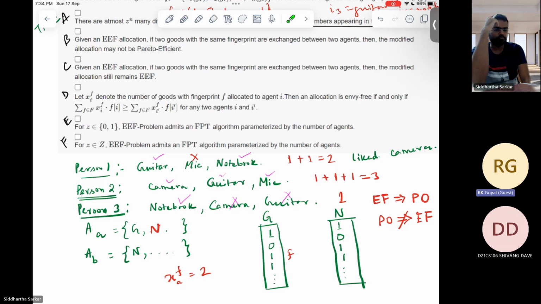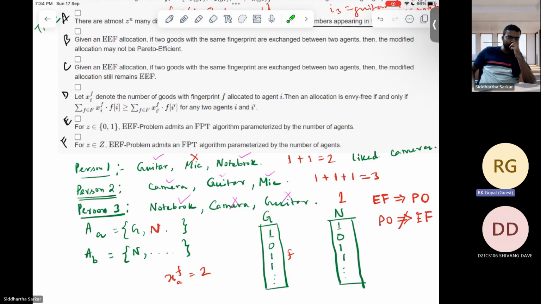And this F is an element of the capital F. So the number of the goods multiplied by the fingerprint is greater than the number of the goods.